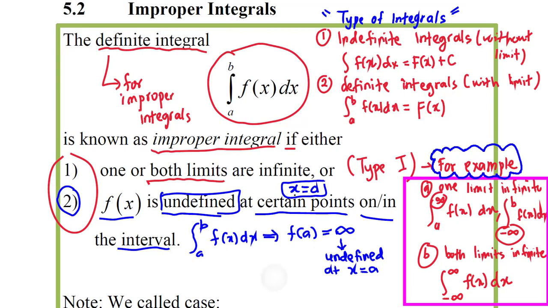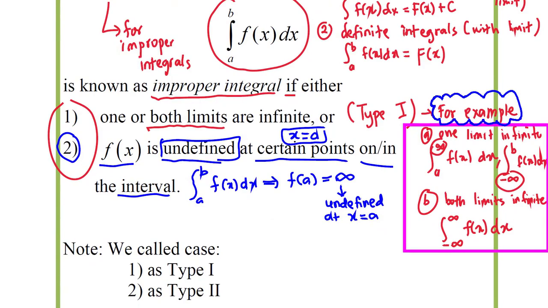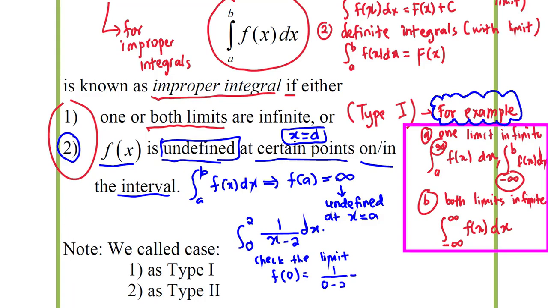For example, you have the integral from 0 to 2 of 1 over x minus 2 dx. So you check the limits. First, f(0): you get 1 over 0 minus 2, which is negative 0.5.